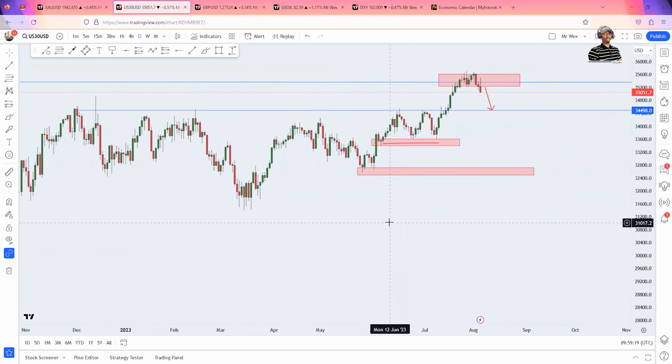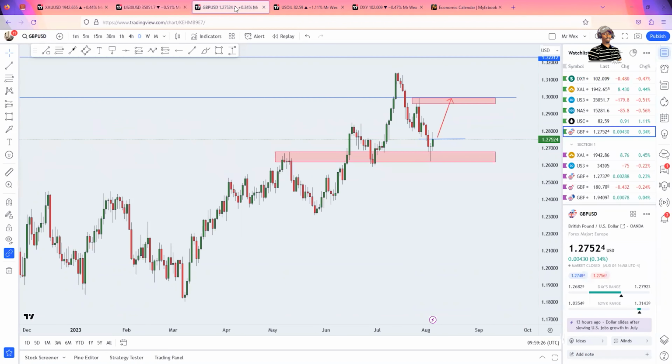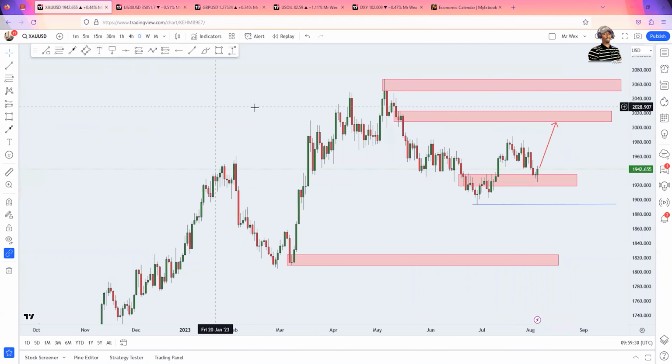So a quick recap on the direction or what you're going to be looking out for. US30, I'm going to be looking out for sells. Pound USD, I'm going to be looking for buys. Gold, we are looking out for buys.